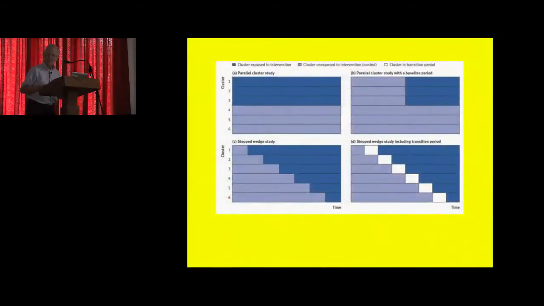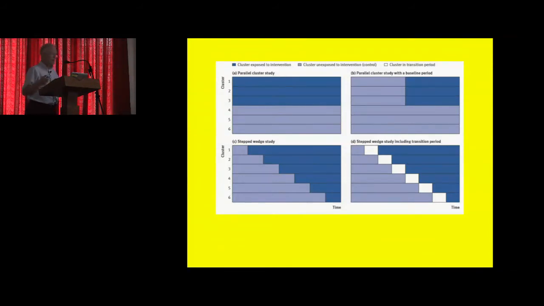So you can classify these designs in a number of different ways. So the top left one, the parallel cluster study, is actually not really a stepped wedge design. That's where you have some clusters that have the intervention throughout the study period, and others who are the control who are not exposed to the intervention.